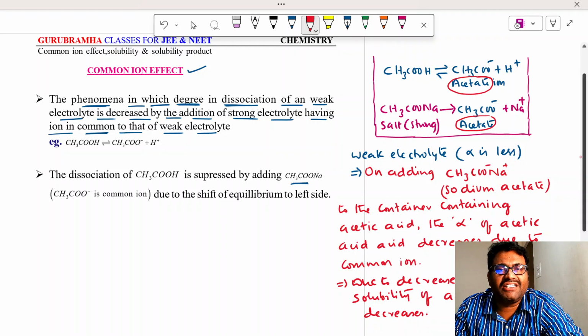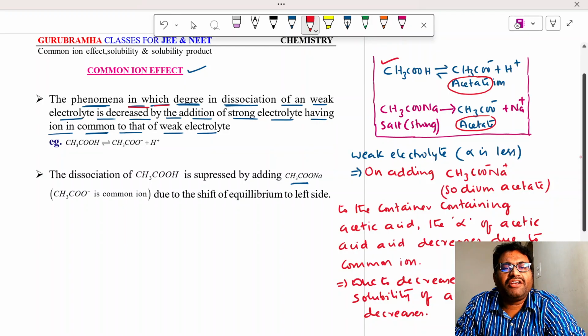See, when acetic acid is dissociating, it is producing acetate ion. When sodium acetate is dissociating, it is also producing acetate ion. So both are acetate ions. As they are the same, we say they are common ions. Due to the presence of this common ion, the solubility of this weak electrolyte decreases. This is what the common ion effect is.